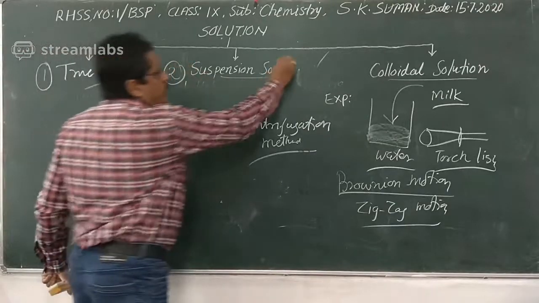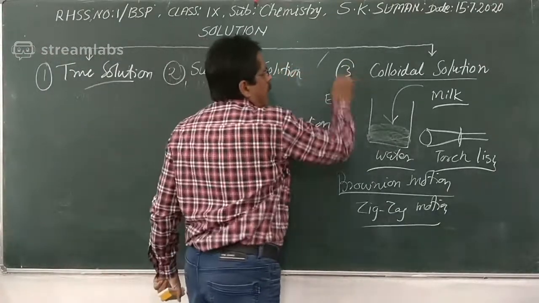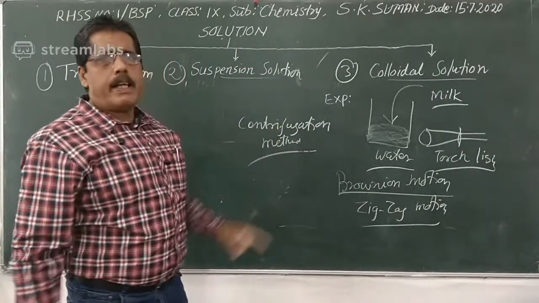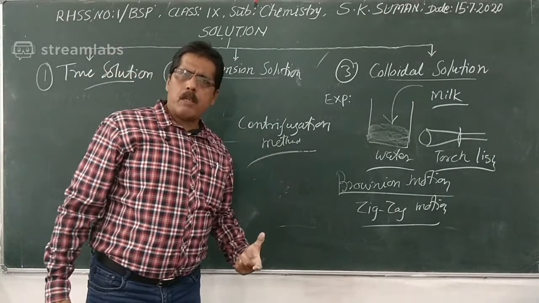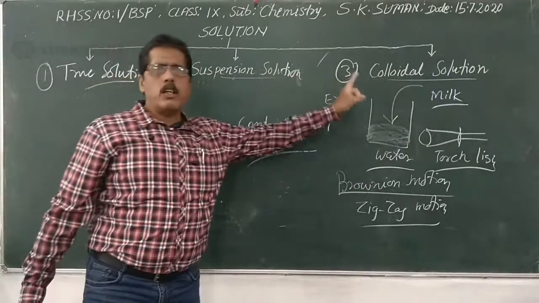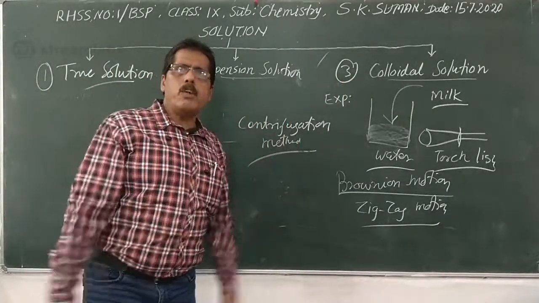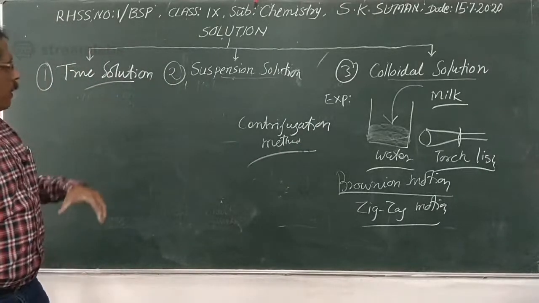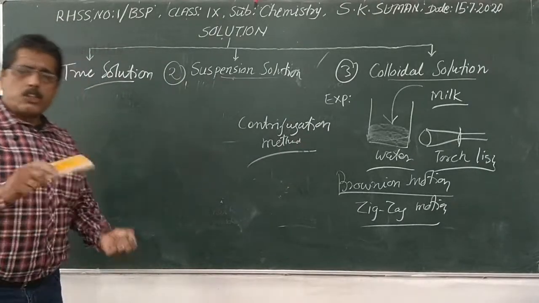You came to know that in true solution, solid will be dissolved in solvent. True solution can be obtained by dissolving solute into solvent. As I told you, what is solute? Solute is a substance which will be dissolved in solvent. What is solvent? Solvent is a substance in which solutes are dissolved.